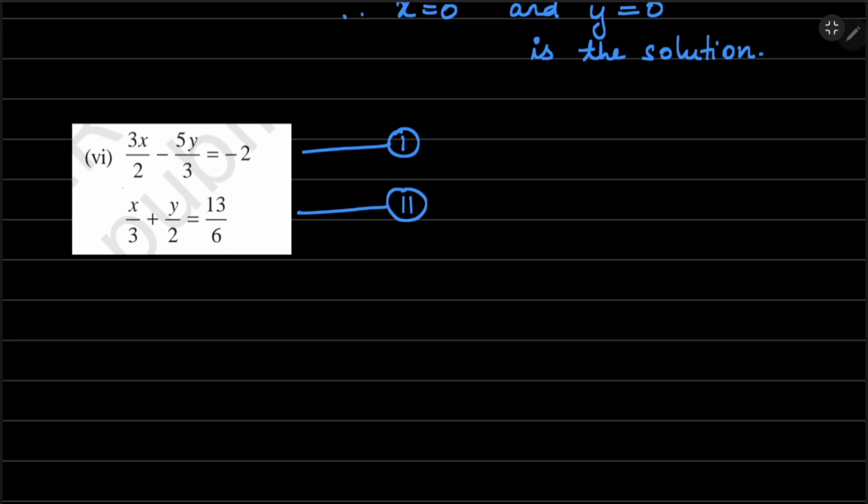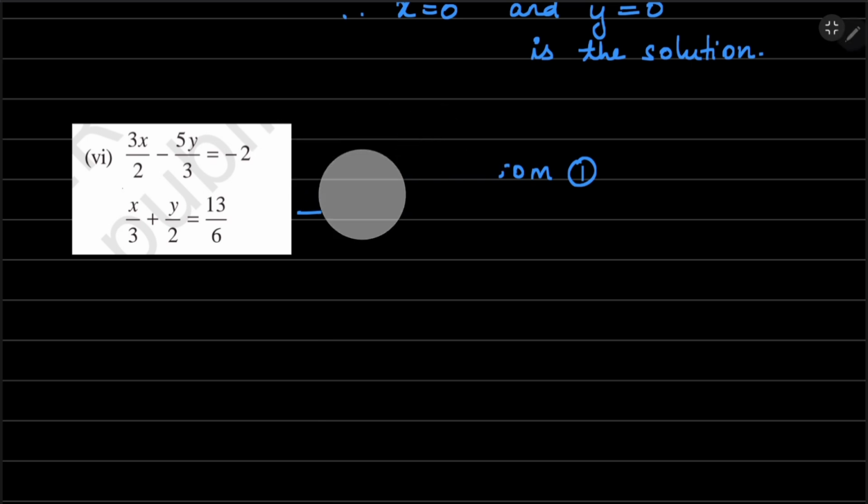Okay, so the very first thing, let us use from 1. From equation 1, what can you write? You have to write x in terms of y, isn't it? But before writing that, what we can do is, you can take the LCM and remove the fraction. So for the first equation, what is the LCM?